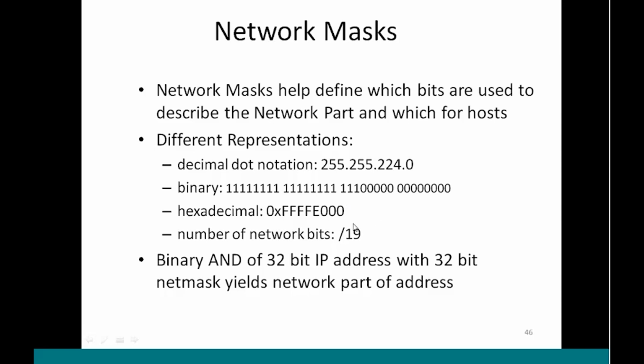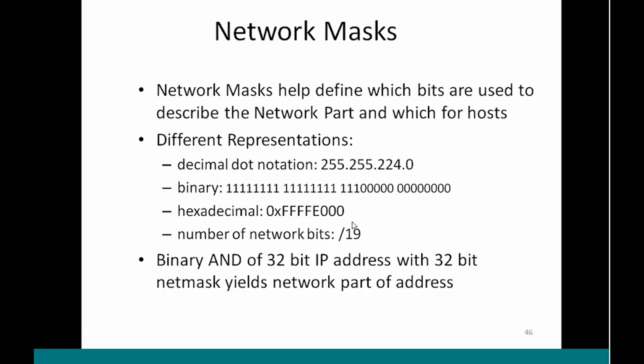So the first 19 bits represent the network, and the remaining 13 bits represent the host address. That's shown here in binary form, and the mask can also be described in hexadecimal, which is FFFFE000.